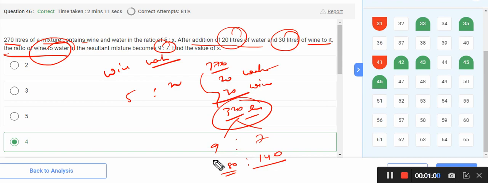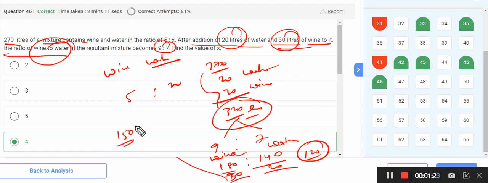This is wine and this is water. So how many liters of water was added? So 20 liters of water was added. So if I subtract 20 liters of water from it, it will become 120, and if I subtract 30 liters of wine from 180, the old wine becomes 150 liters.